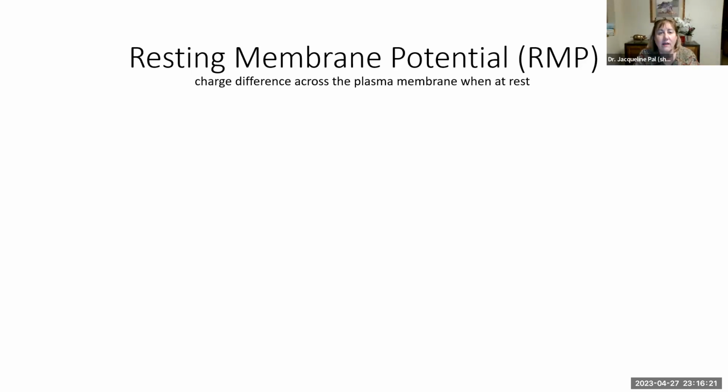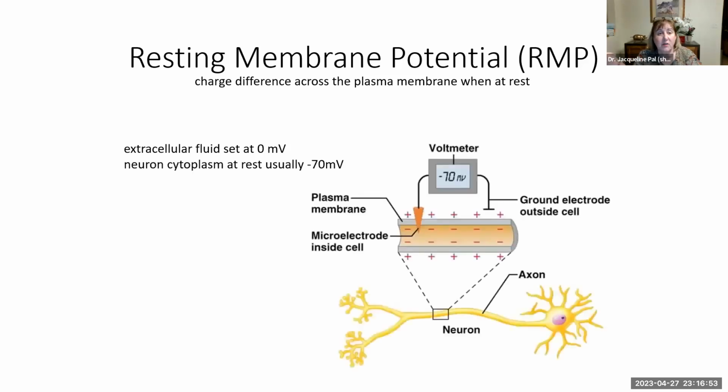When the cell is at rest, what is the charge difference between outside and inside, or the charge difference going across the plasma membrane? So the extracellular fluid is set at 0. And then once that's set at 0, the probe reads what it is inside the cell. And at rest, that example, which is typical, is a minus 70 millivolts.